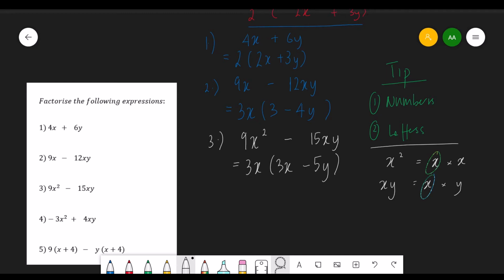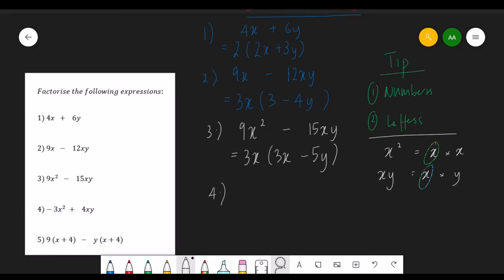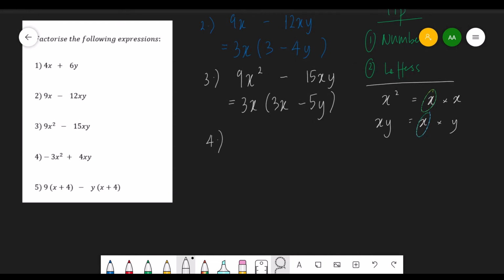Alright, let's move on to example number 4. Example number 4 is, we have a negative term, negative 3x squared plus 4xy. This time again, let us go through the tip, compare the numbers. Between negative 3 and 4, there is no common factor, so I cannot take out any numbers here.